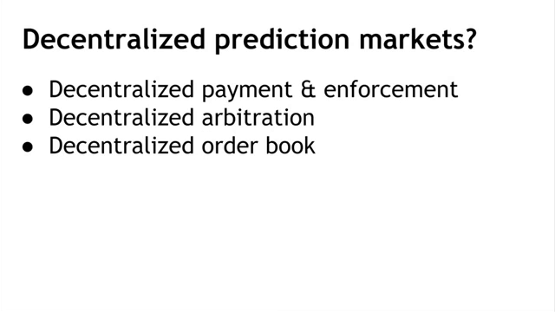Most of the time, in the case of an election or a sports match, you may say it's pretty obvious who won and who lost, but there are gray areas. And we need a decentralized order book, a way for people to buy and sell shares, for buyers to meet sellers, that's decentralized and doesn't rely on a centralized clearinghouse. We'll go through each of these challenges in order.